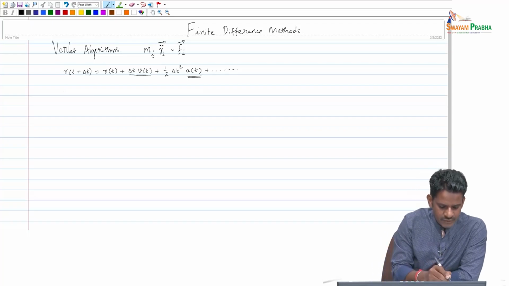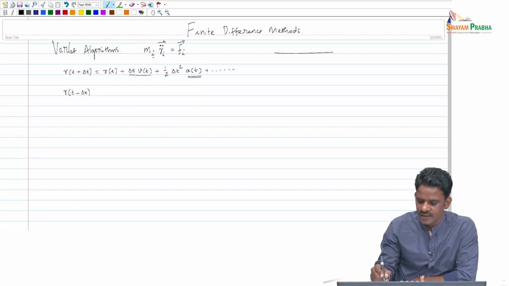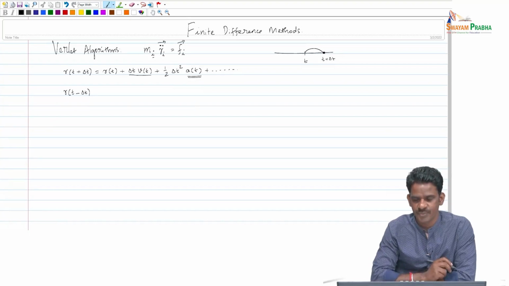Similarly, we can also write r at t minus delta t. So you are looking at time t, and you want to predict the position and velocity at t plus delta t. For this, we write the Taylor series expansion.